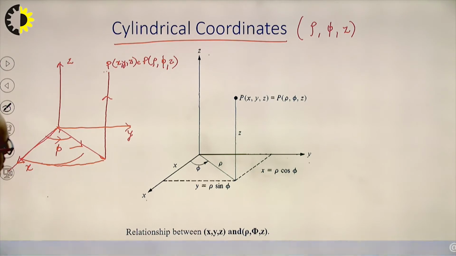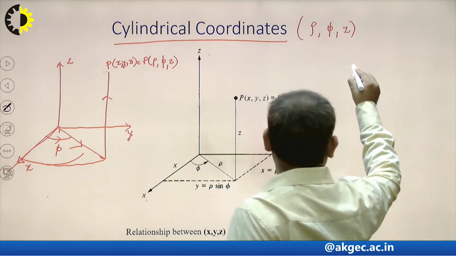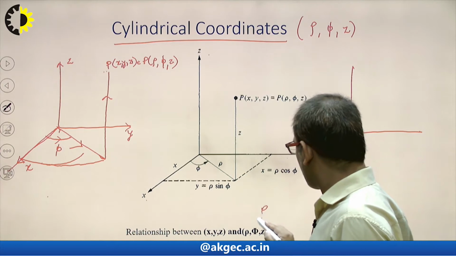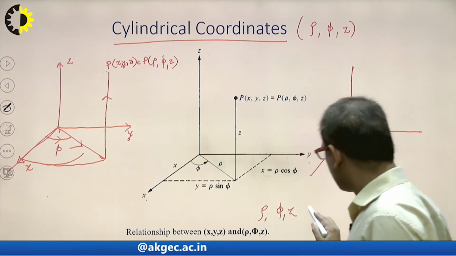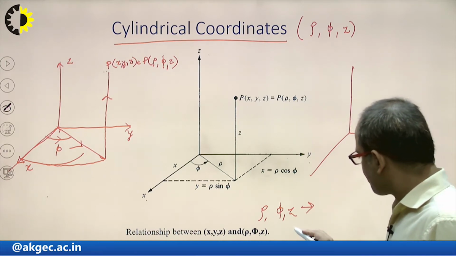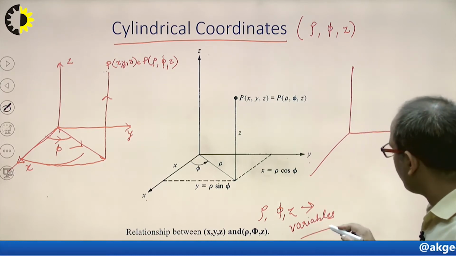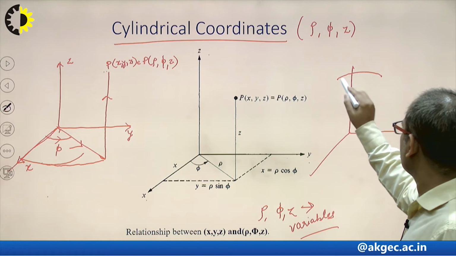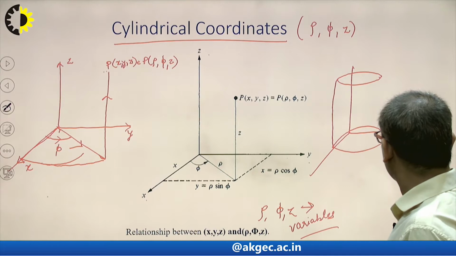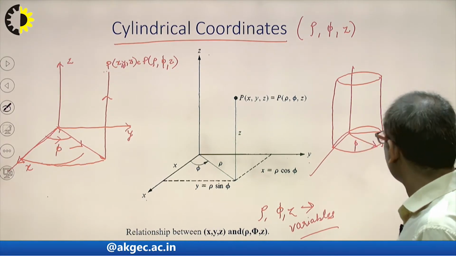It means this is the way to reach this point P. Or I can say in the cylindrical coordinate system, rho, phi and z, they all are variables. Then the overall figure we will get is a cylinder. And this represents the phi. Clear?